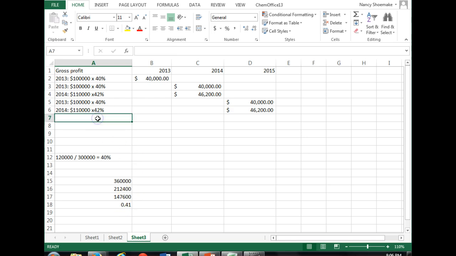So how much did we receive in cash in 2015 on that sale? $120,000 at 41% gives us how much? $49.2. Then we have our total from all.